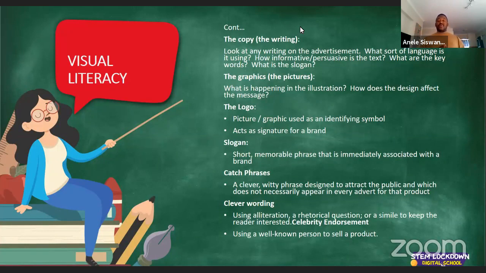So these are what we call celebrity endorsements, using a well-known person to sell a product, as you've seen in the DSTV ads, Zanzi, SABC. Most of the time when they are trying to sell or advertise a product, there will always be a celebrity or someone who's very well known to help with the excitement and the desire, their interest, their attention about that particular product.